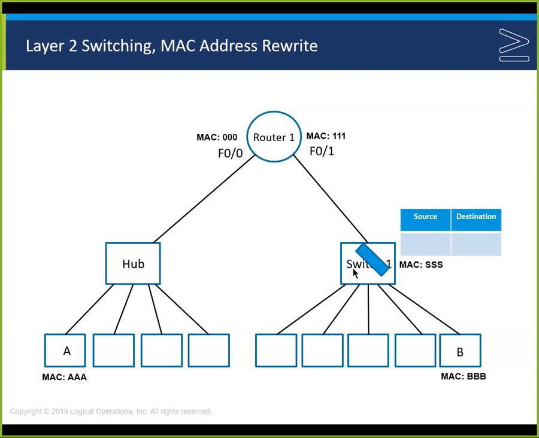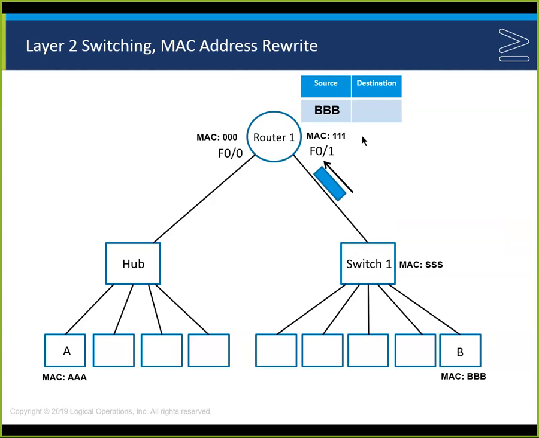The switch has a MAC address, but it only is significant if we're connecting to the switch. We're going to telnet to it or SSH to it in order to do configuration of it. We have to find that device. So in this case, when we're in the switch, everything's just connected through the switch. It's a pass-through, a connection point. The source is still going to be BBB, where we came from. The destination here is going to be 111.